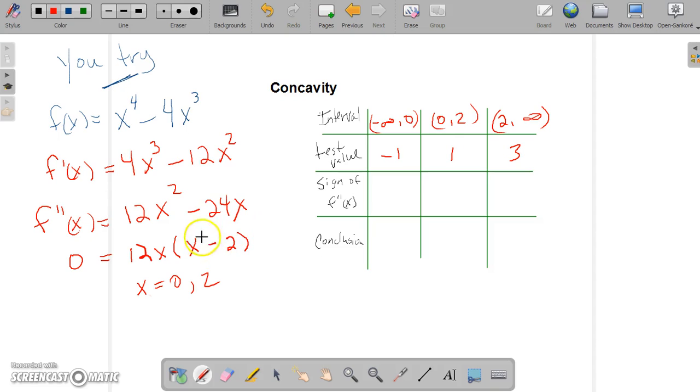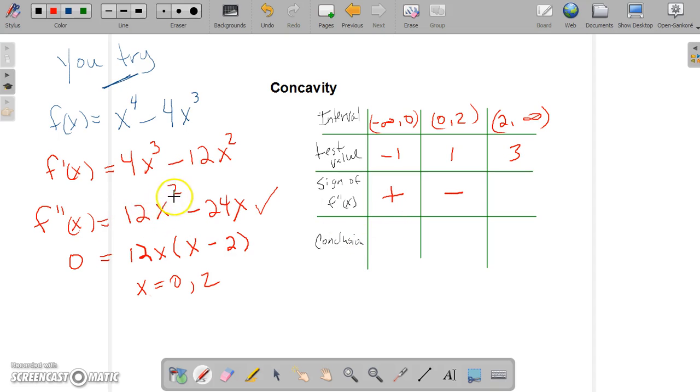If I plug in negative 1 here, I would square my negative 1 and get 12. And then 24 times negative 1 is negative, but a minus a negative is positive. So this is going to have a positive sign. When I plug 1 in here, I'm going to square 1, I'll get 12, minus 24. So this is going to be negative.